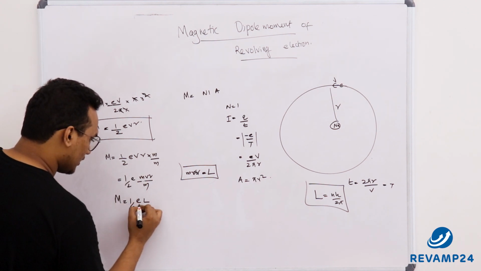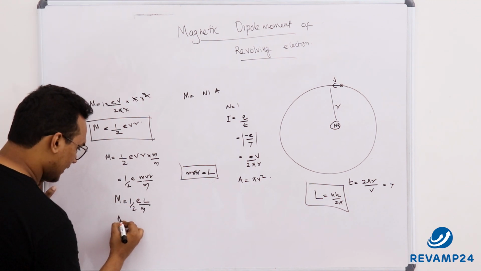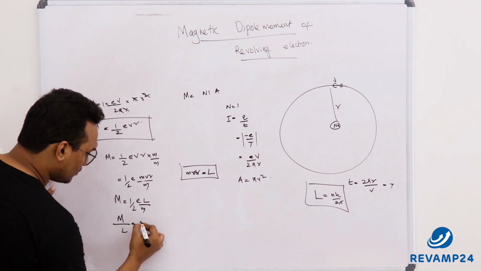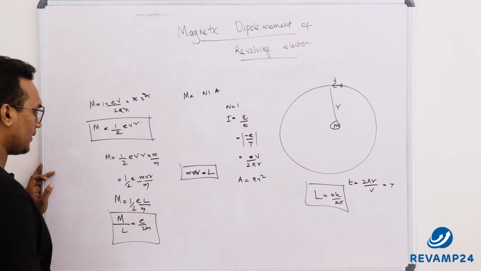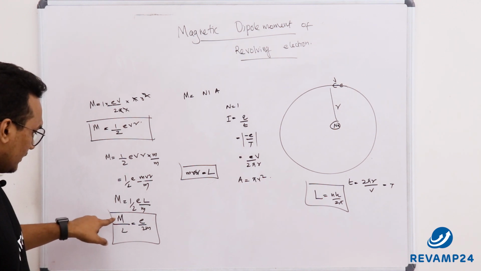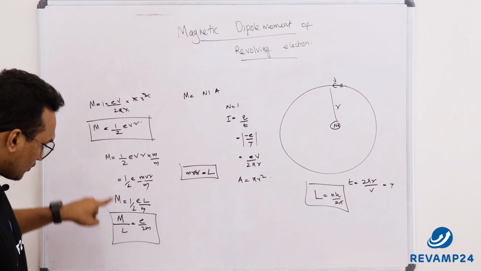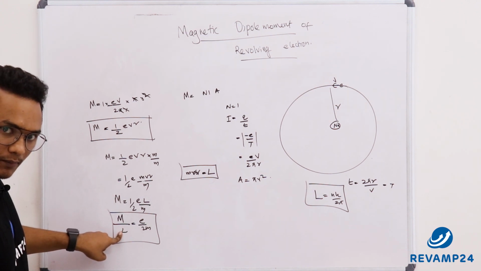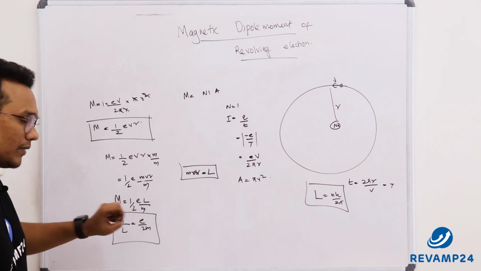So magnetic moment is e into L divided by 2m. I take L to this side: M divided by L is equal to e by 2m. This is very important. It is the ratio between the magnetic moment of a revolving electron and the angular momentum of the revolving electron.